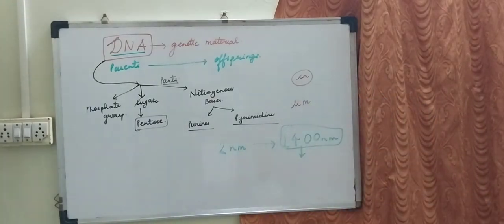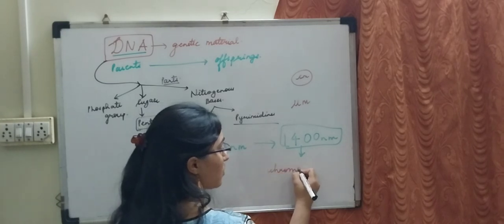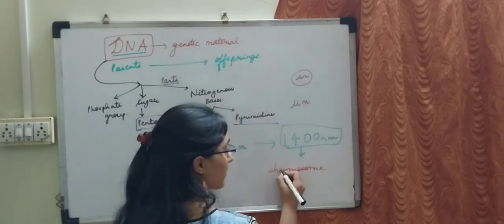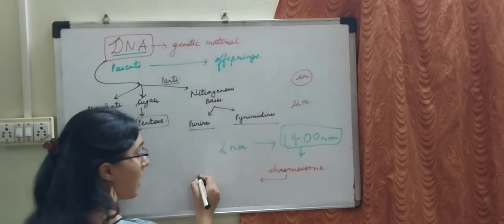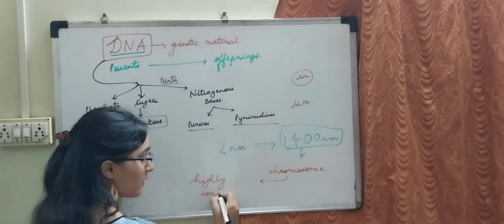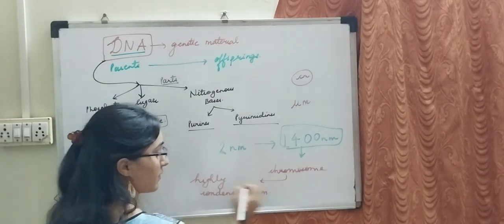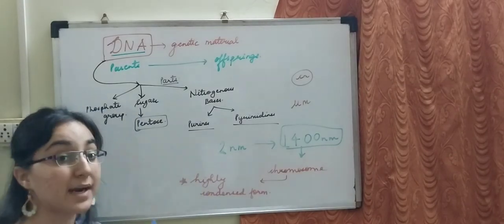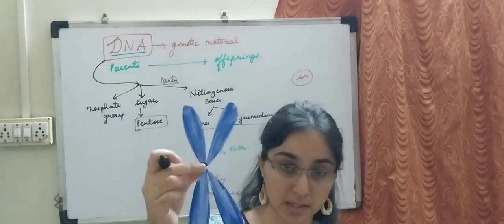highly condensed form. So I will write here, this is chromosome, and this is the highly condensed form, compact form, highly compact form.